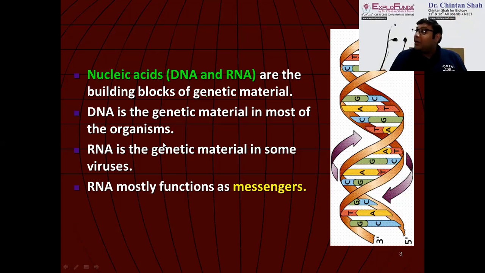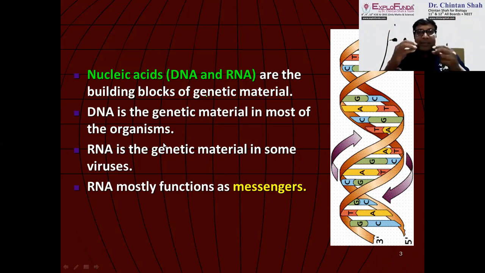So that's how the manager, as a messenger RNA, known as mRNA, is conveying the message to the tRNA. tRNA is known as transfer RNA, which can be resembled with the waiter. And that's where one by one different amino acids will come.